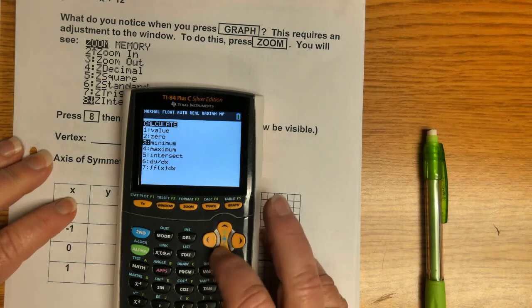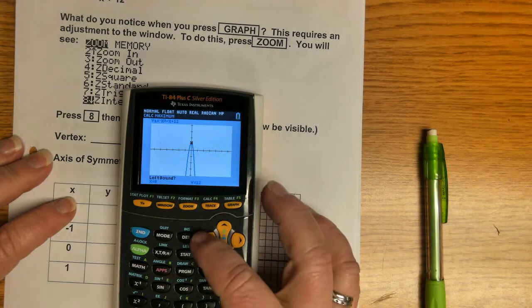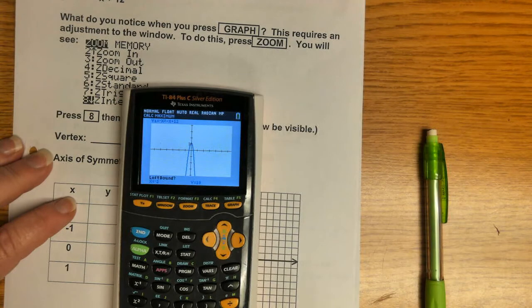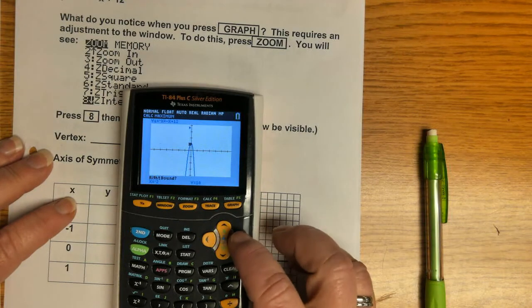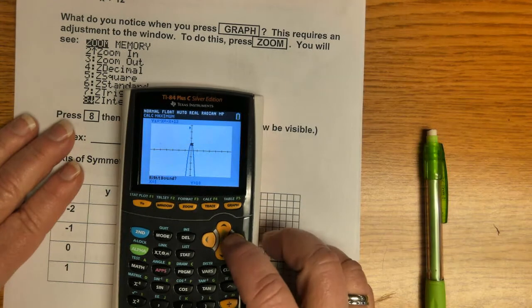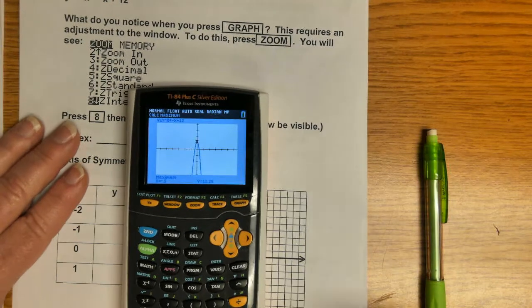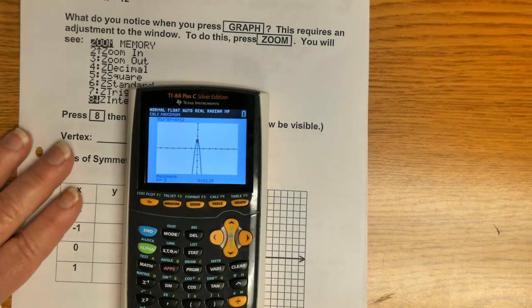We have a maximum, so we're going to go to 4 and we're going to press enter, and then you're going to use your left arrow to put it just on the left side of your vertex, and then you're going to hit enter, and then you're going to move your cursor, because now on the bottom it says right bound. You are going to go just to the right of the vertex and hit enter, and then you should be able to hit enter again, and it says your maximum is at what?